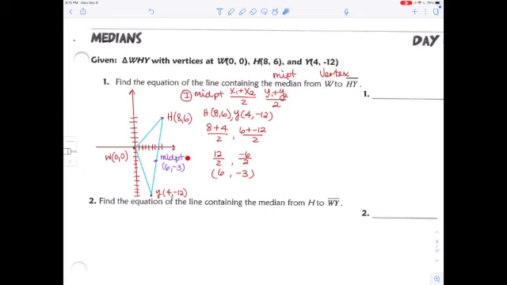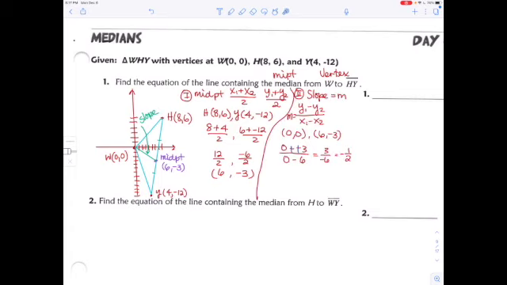Then we are going to find the slope from the vertex down to the midpoint. That will be your median, because that cuts the side into 2 equal parts. So in this case, I need to find the slope of that line.